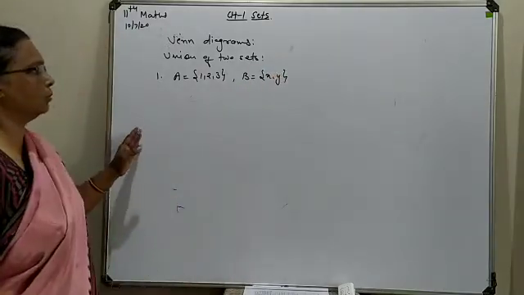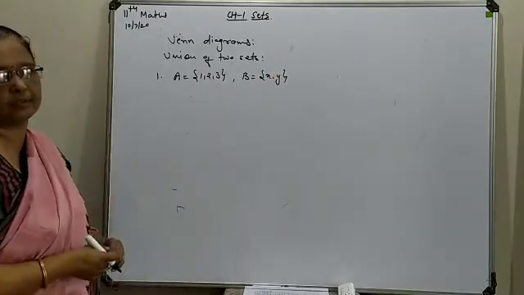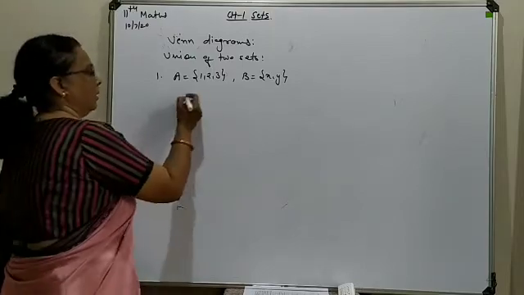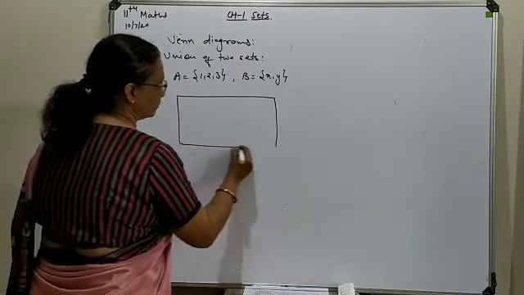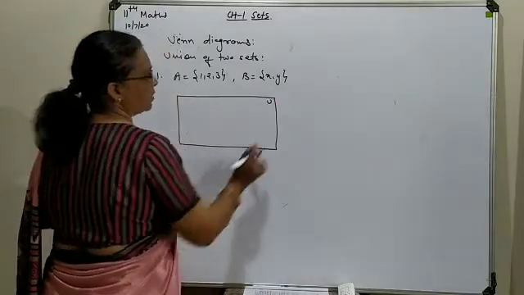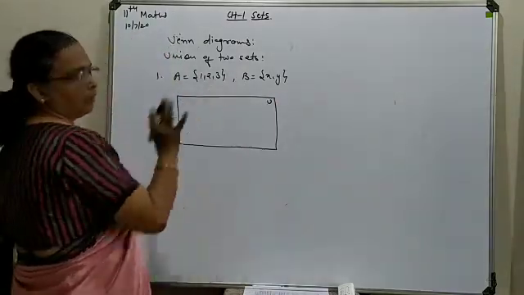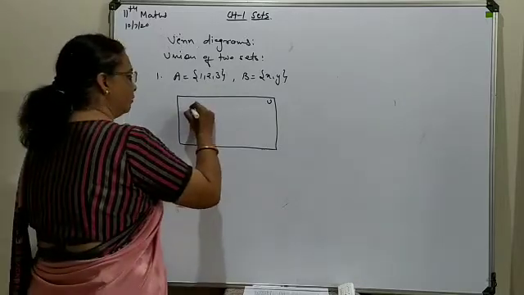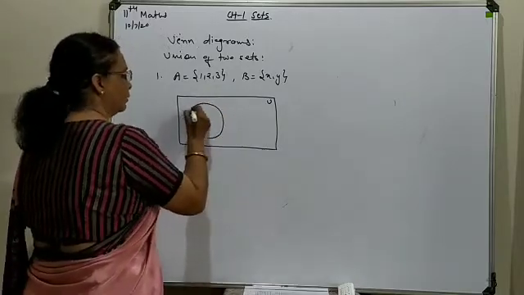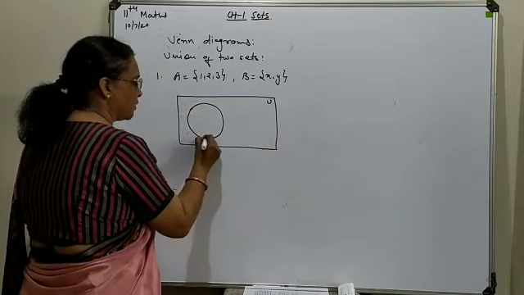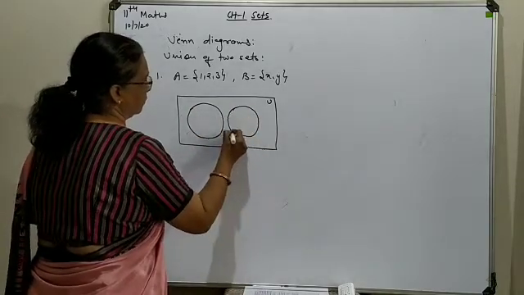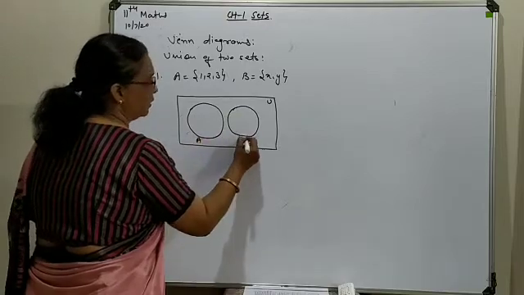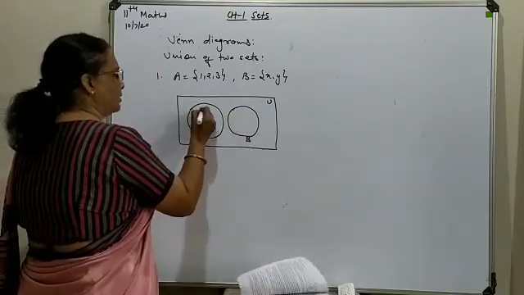So with the help of a Venn diagram, how can we represent this union? You make a rectangular box, formally this is U. In between, none of the elements is common. So here you write the elements in two distinct circles which do not intersect each other. This is your A, this is your B. Separate elements.